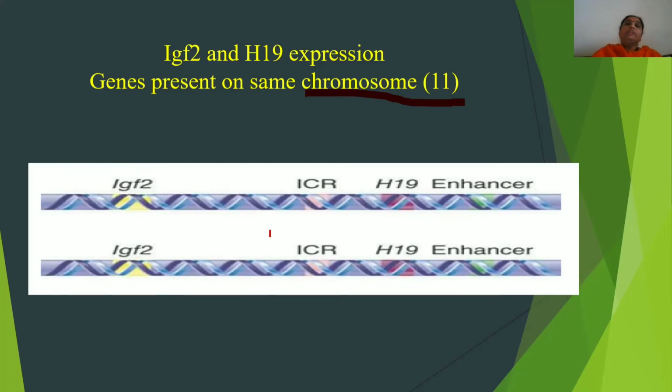So to exhibit the methylation pattern, there has to be erasing of the complete methylation over the chromosome, and that erasing of the methylation is done in the germ cells. And for the parent-specific pattern, if it is going to give rise to the oocyte, then the maternal type of expression pattern is going to be there.